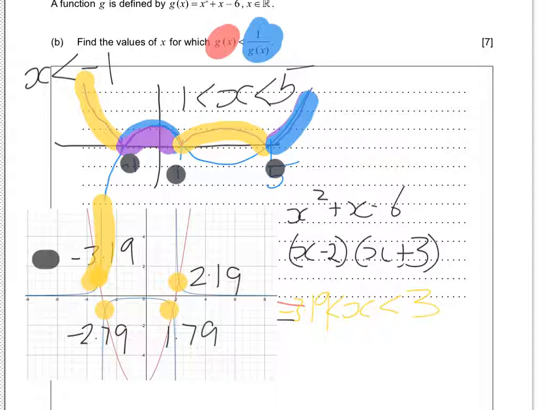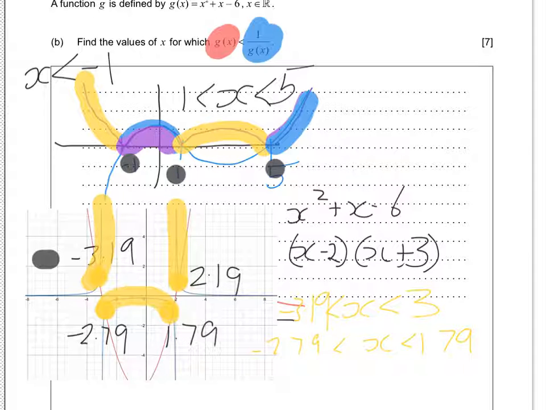Also, the blue is bigger than the red in this section. So where x is between -2.79 and 1.79. And lastly, the blue is bigger than the red in this section.